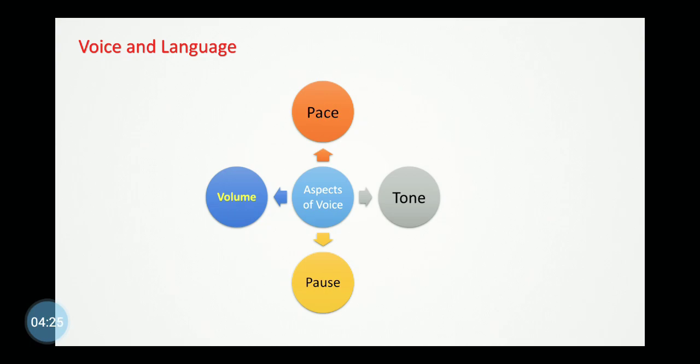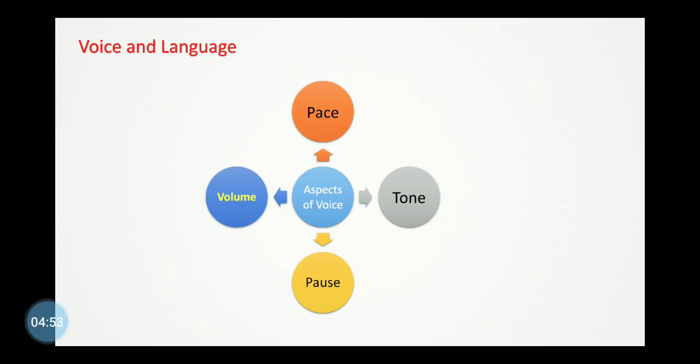So pauses have their own importance in presentation. Just imagine if a presenter is speaking without pauses. What will happen? Audience will not understand anything. So it is necessary to make use of appropriate pauses at appropriate time.